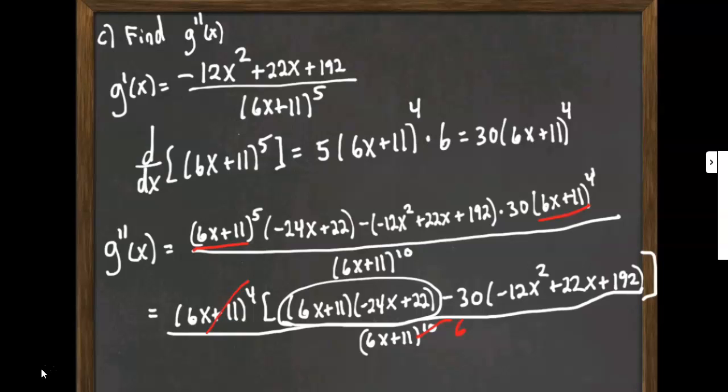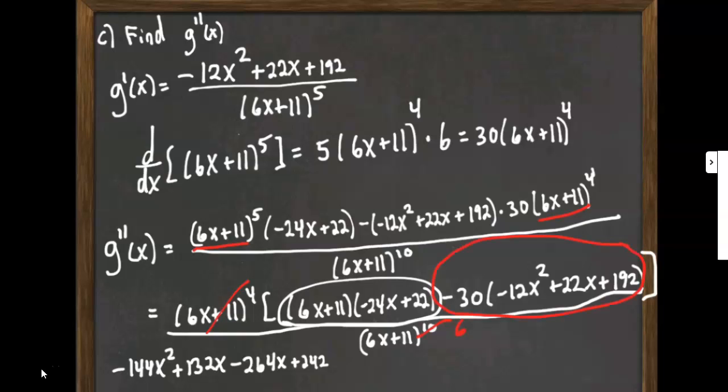I would multiply out: 6x times negative 24x will be negative 144x squared. 6x times 22 will be 132x. In the middle there, 11 times negative 24 will be negative 264x. And 11 times 22 will be plus 242. So I just multiplied those all out.